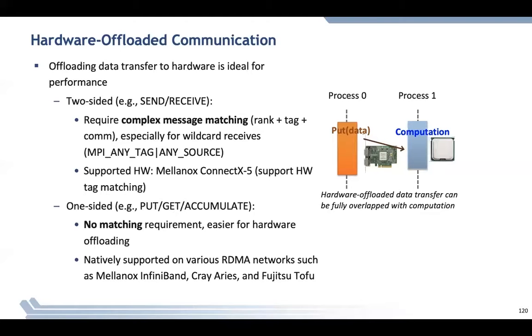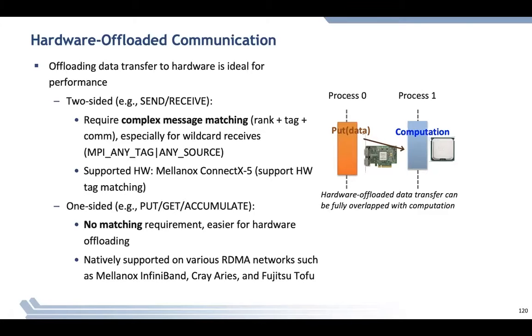So for this to be directly available in hardware is a little difficult. There might be some things that do a subset of it, but there is some software needed on top of that. Whereas the one-sided, because it doesn't have this matching requirement, can more directly be done in hardware, and so there is less overhead in a software layer or at the MPI layer.